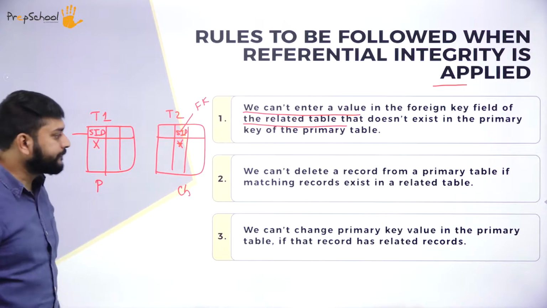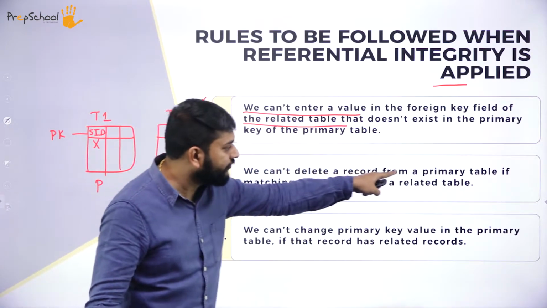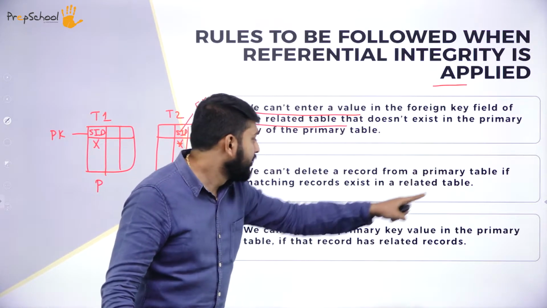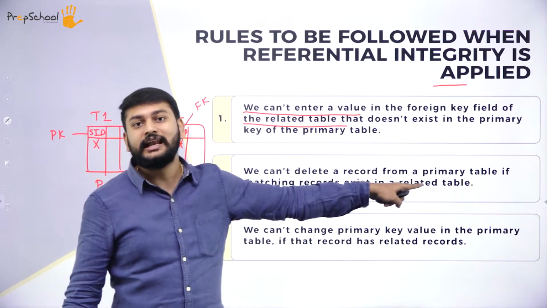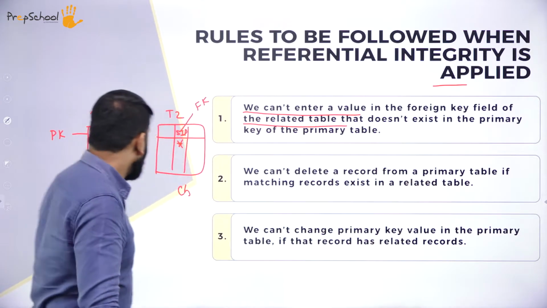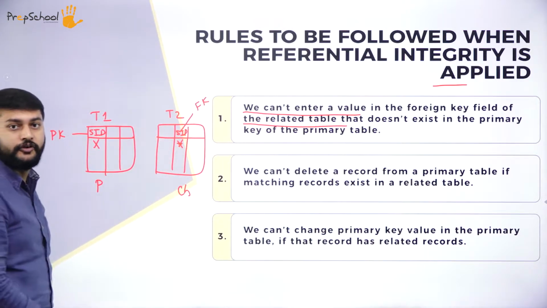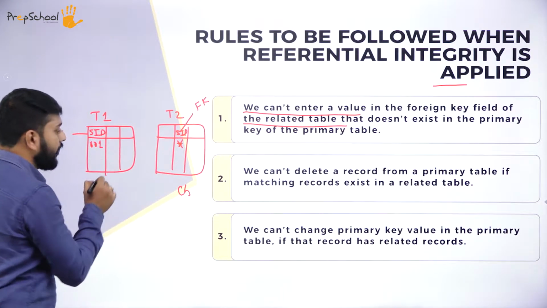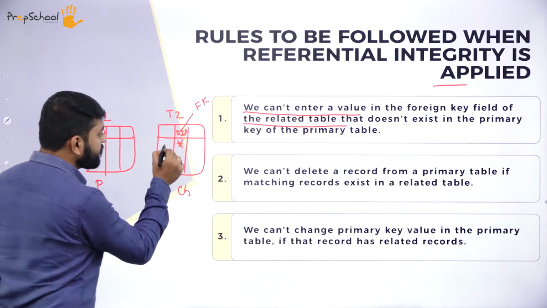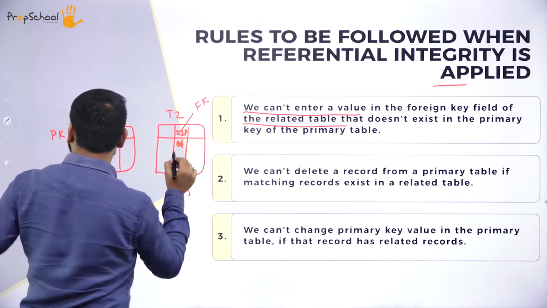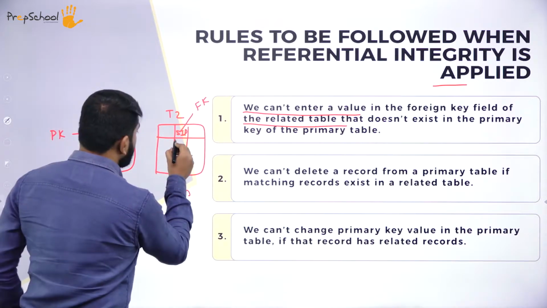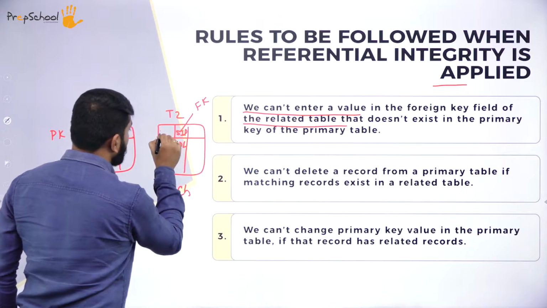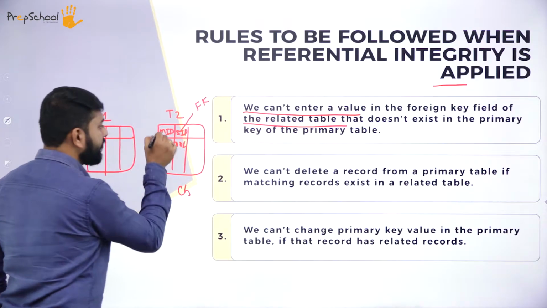So what is the second point? We can't delete the record from the primary table if a matching record exists in the related table. Imagine I have the information with respect to 001, and I have entered the marks for 001 also. MID is the primary key of this table, right?